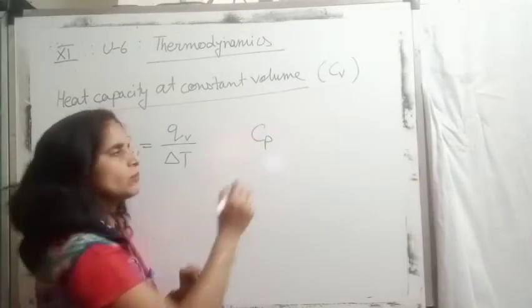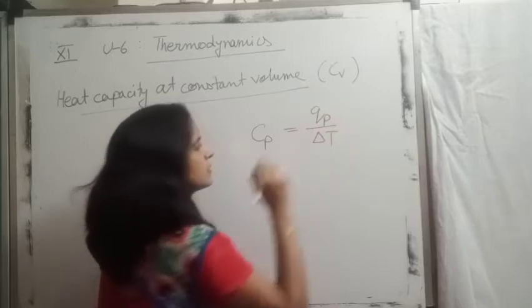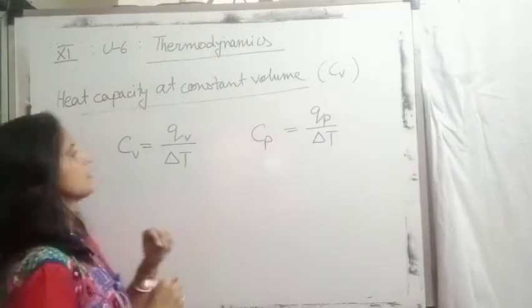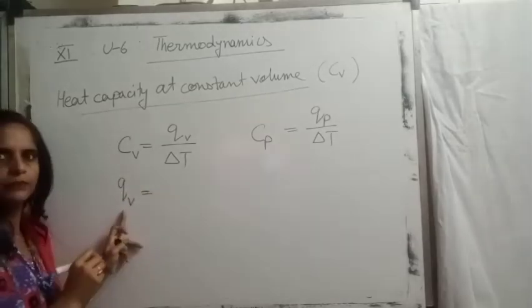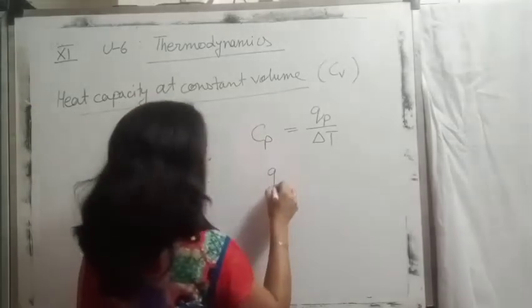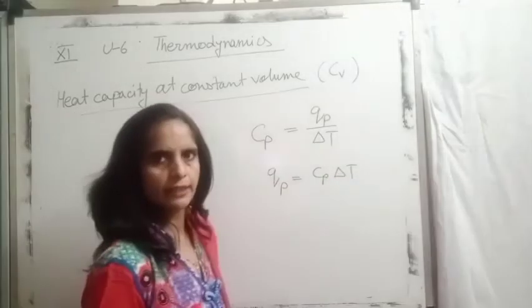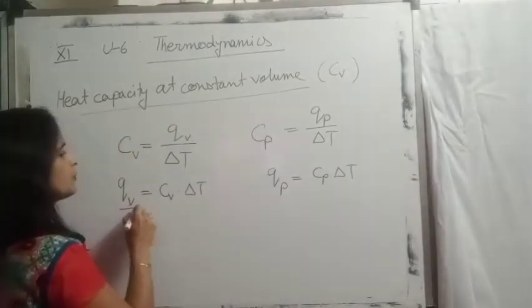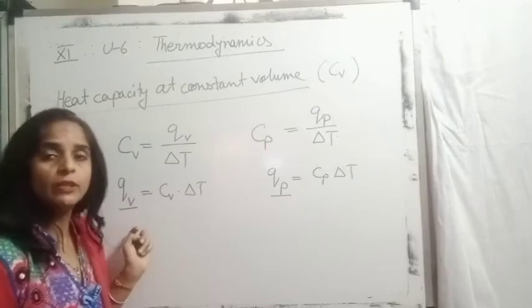So Cp equals Qp divided by delta T. From here, Qv, the heat at constant volume, equals Cv delta T, and Qp equals Cp delta T. This is the formula of Qv and Qp.